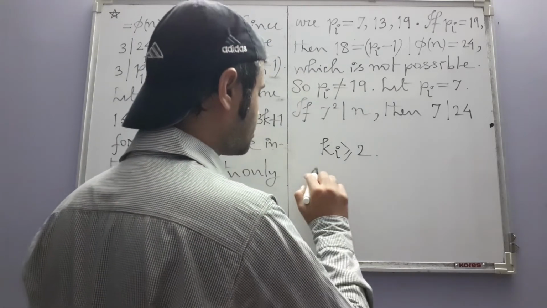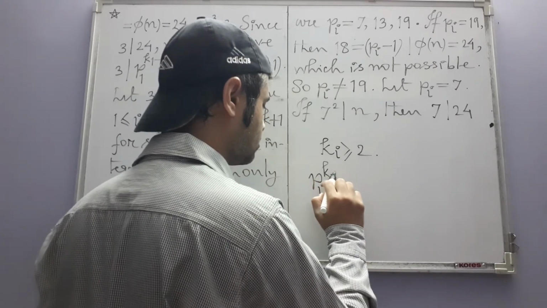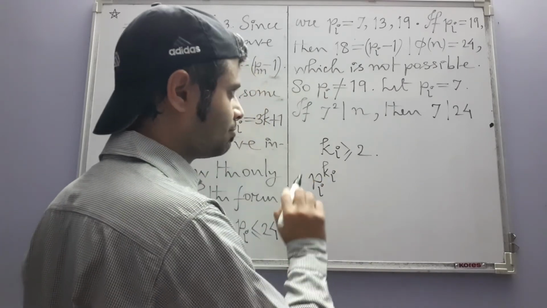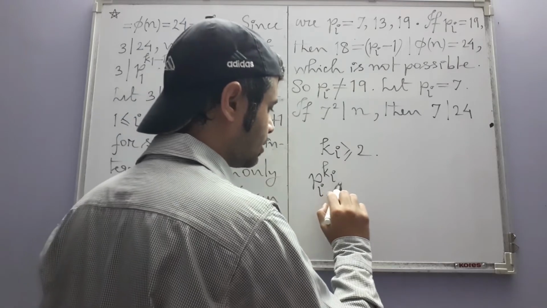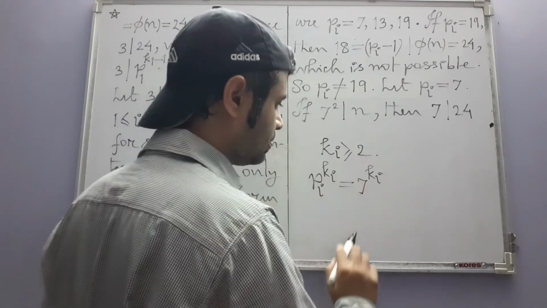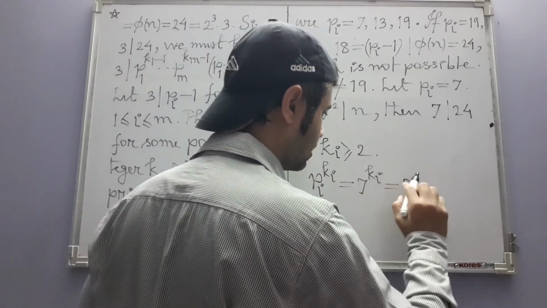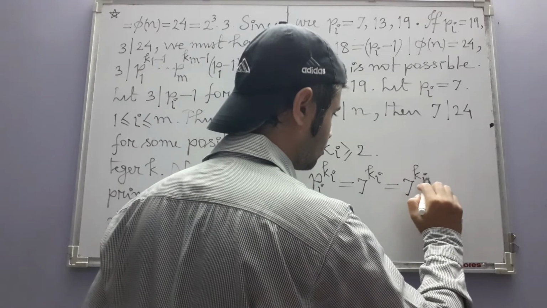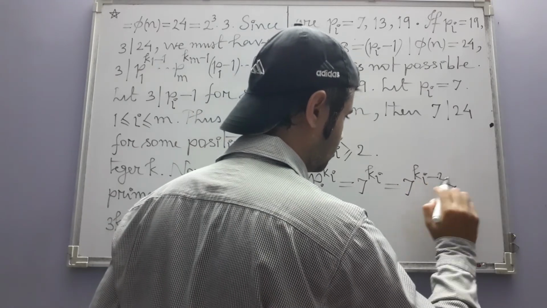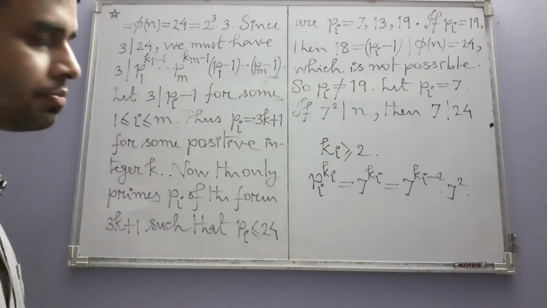So that means our pi to the power ki, that is there in the prime factorization of n, is equal to 7 to the power ki, where we can write 7 to the power ki as something times 7 square.